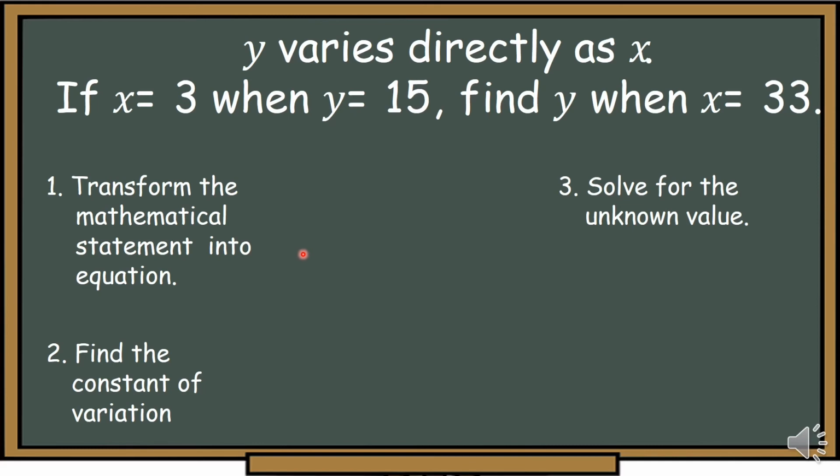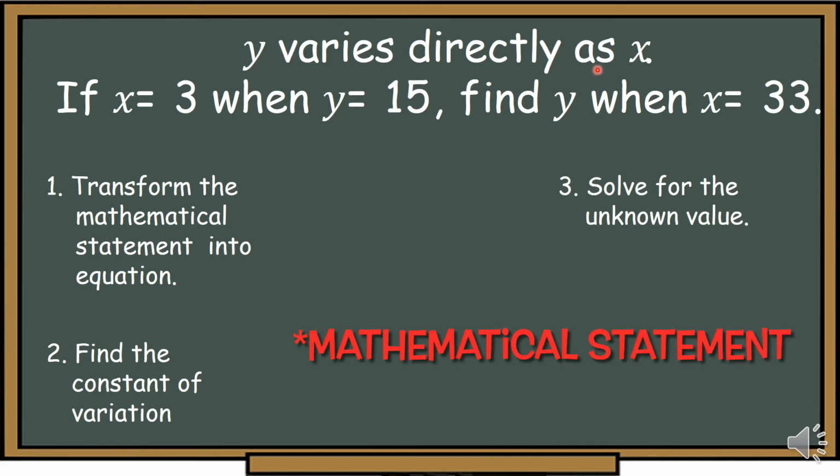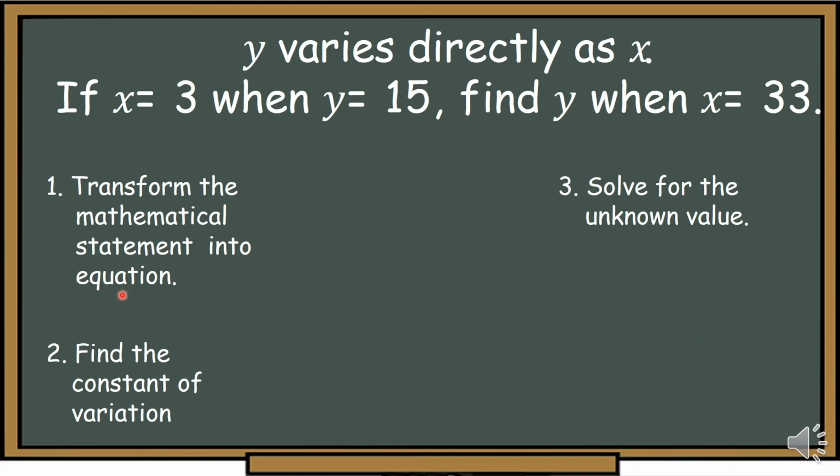First, you have to transform the mathematical statement y varies directly as x into an equation. Second, you have to find the constant of variation, that is k equals y over x, if the given variables are x and y.